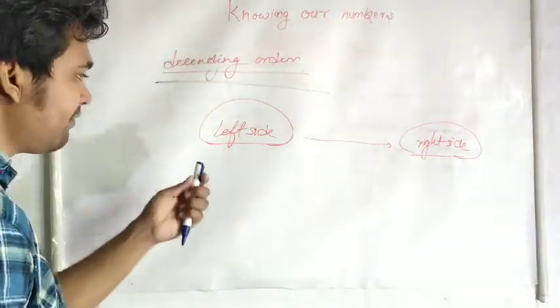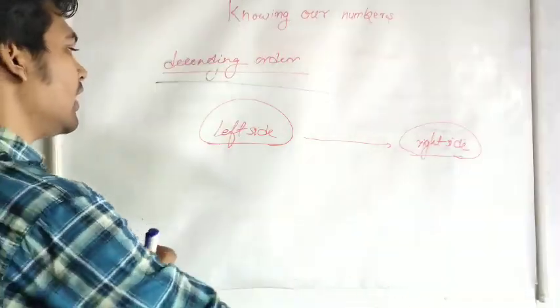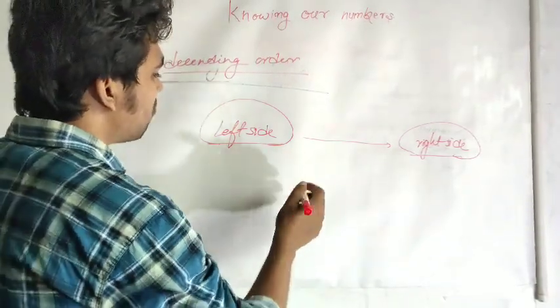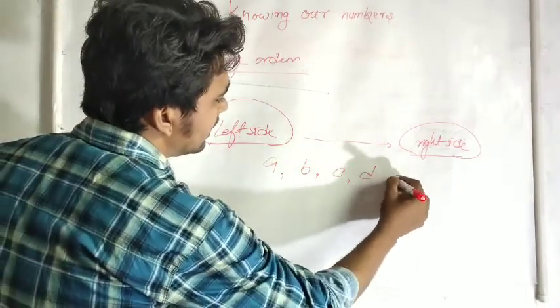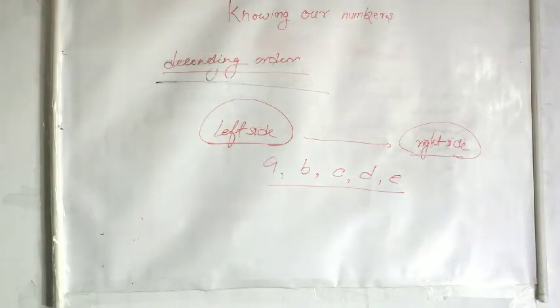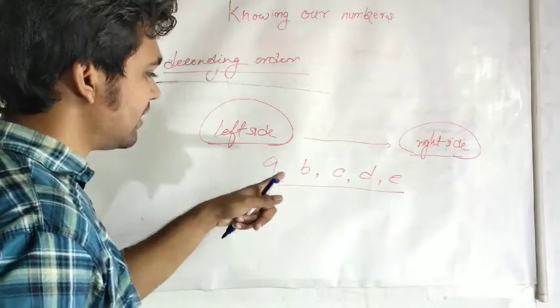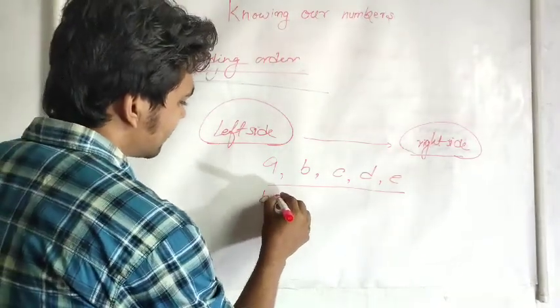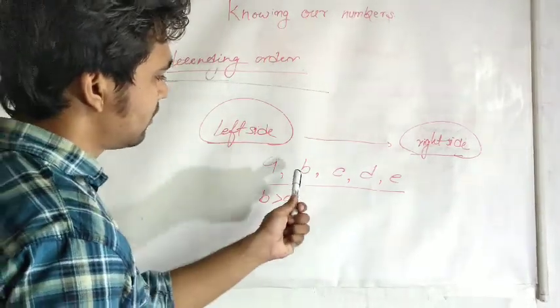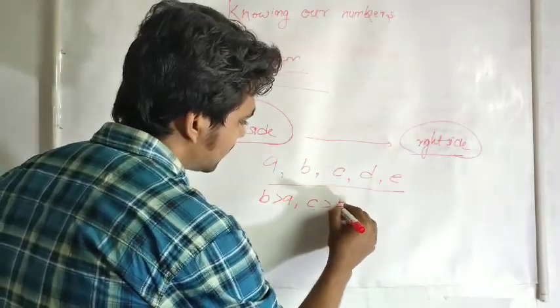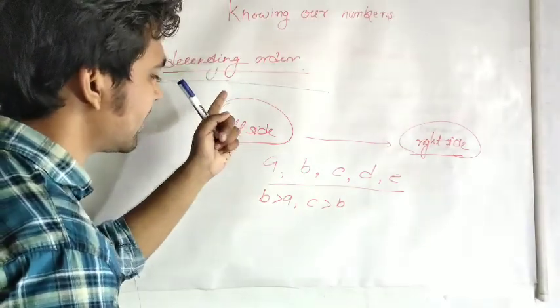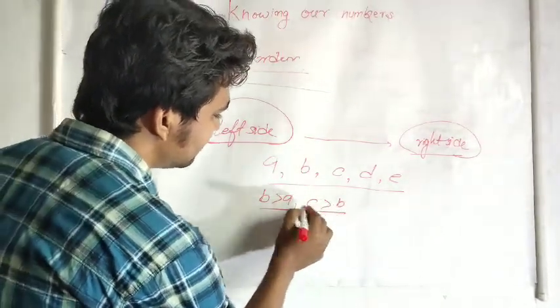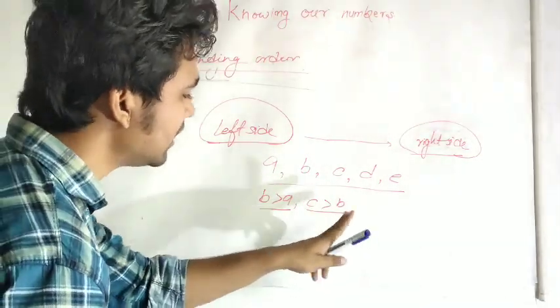So here, if we take an example, let us take any 5 numbers voluntarily in the form of A, B, C, D, E. These are a series of numbers where it is given that B is greater than A, C is greater than B. Here we are writing that B is greater than A. If we take an example, we will be able to understand that this is written after comparing the numbers.